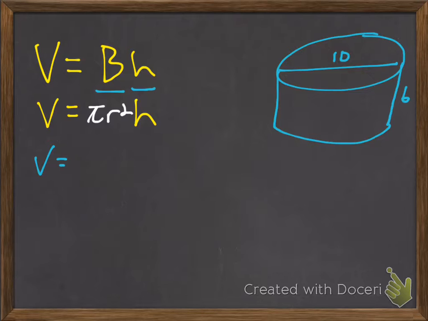So now, from here, we just plug in the things. Volume is going to be equal to, what is pi? 3.14. What does radius mean? It's halfway across the circle. Up here we can see that it's 10 all the way across, so my radius is 5 because it's halfway across.